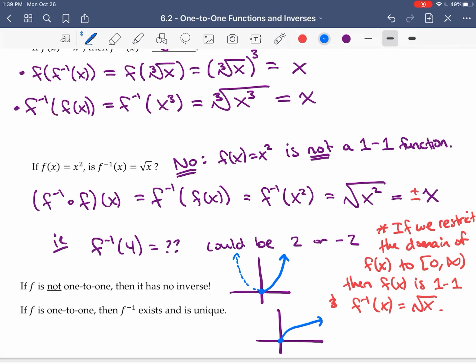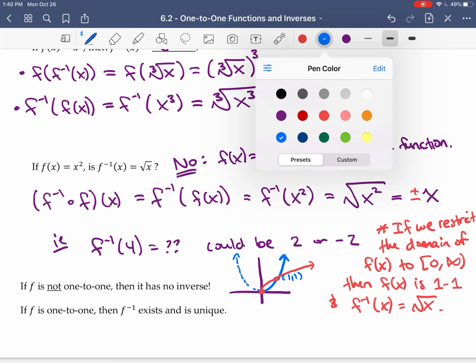Maybe I actually should have done it on the same graph, in a different color. This one goes through the point 1, 1, which the square root graph also does. So it's going to look like that.